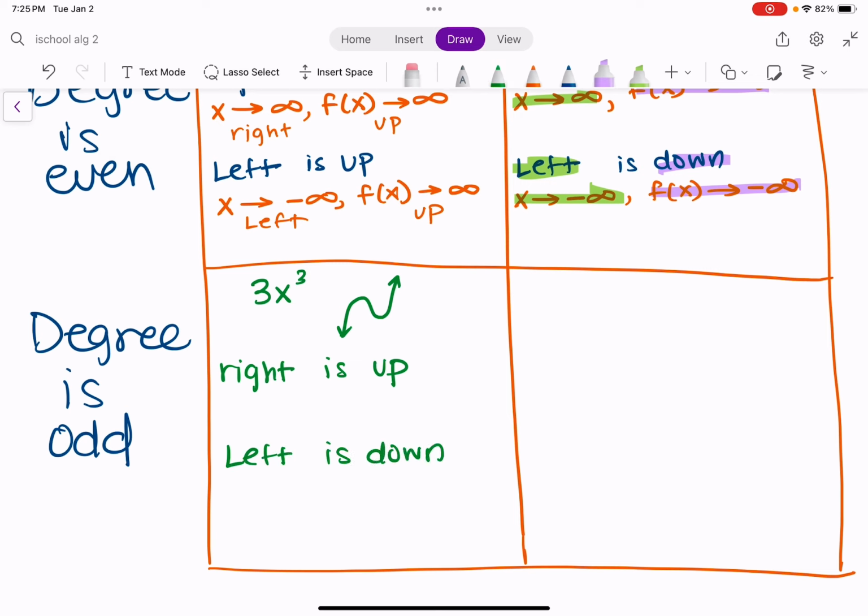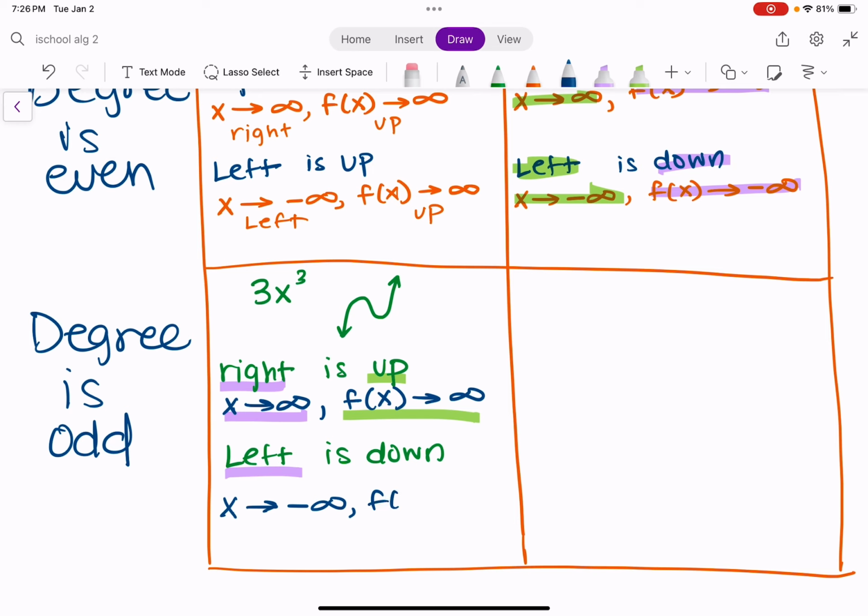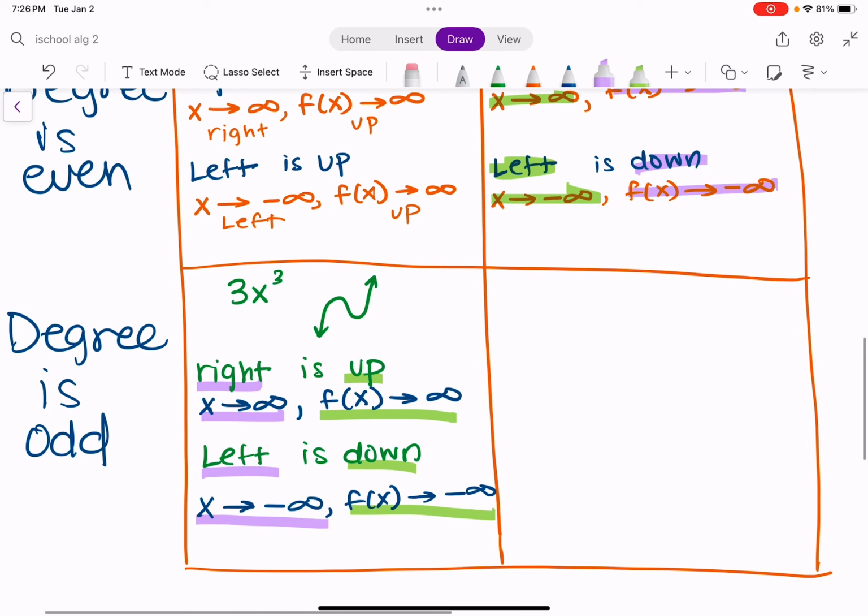So again, to talk about the right, we say as x goes to infinity, and then to represent up, we do f of x goes to positive infinity, right? This part means up, and this part means right. Okay, now we're talking about the left. So we have as x goes to negative infinity, f of x, well, it's going down, goes to negative infinity. Okay? So this part means down. This part means left. Okay?